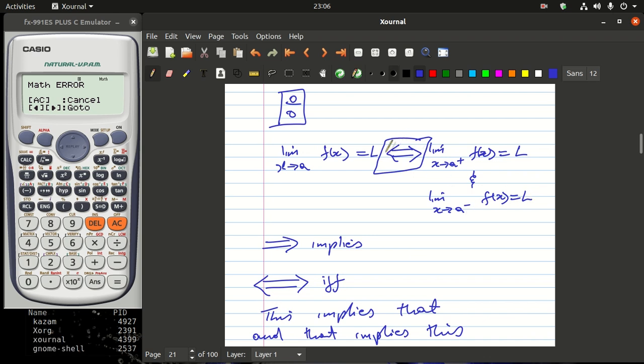Now, having the arrow pointing that side, it simply means that if the limit is equal to 5 on the right and the limit is equal to 5 on the left, then the limit must also be equal to 5. This one means this implies that, and also this side implies that. That's how we usually use this and the implies.